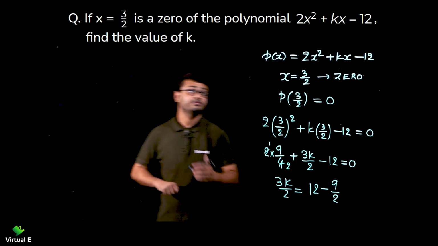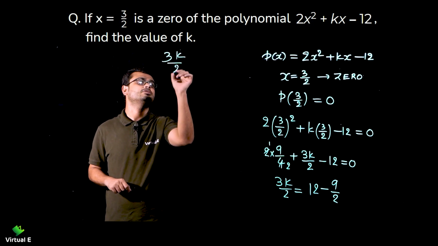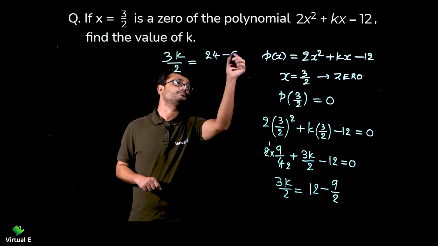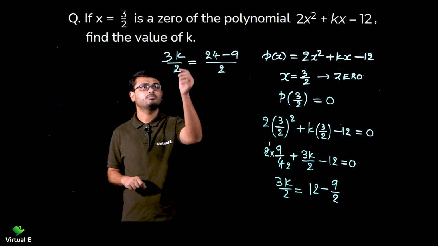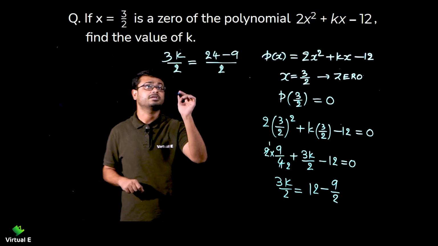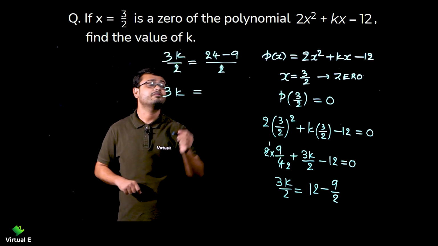12 twos are 24. So here 3k by 2 is equal to 24 minus 9 over 2, right? Now from both of the sides we can cancel the 2, because the LCM is being done. So here we can write 3k is equal to what will be there?